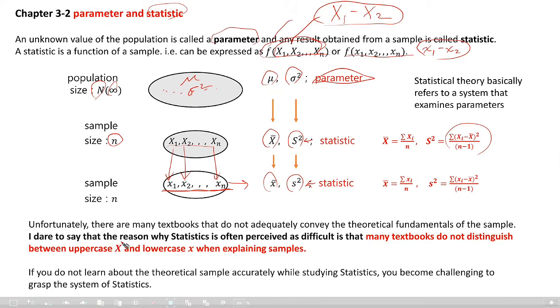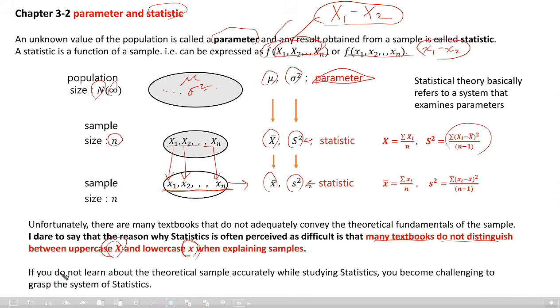I dare to say the reason why statistics is often perceived as difficult is that many textbooks do not distinguish between capital X and lowercase x when explaining samples, and you know that in the next chapters, hypothesis test and ANOVA, many statistical analysis methods, many textbooks do not distinguish big X, small x. Confusing. I cannot understand that.